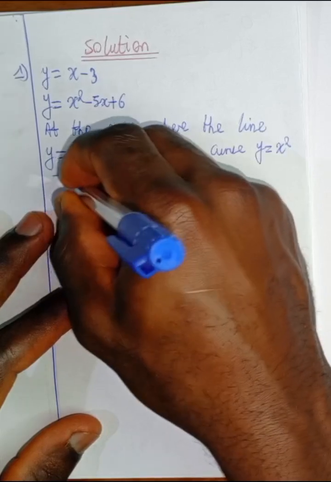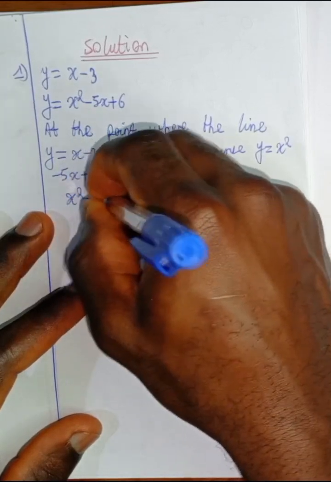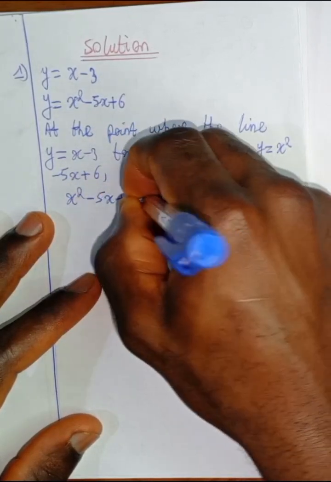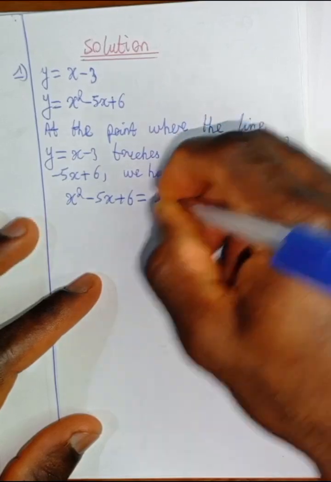So this will give us x squared minus 5x plus 6 to be equal to x minus 3.